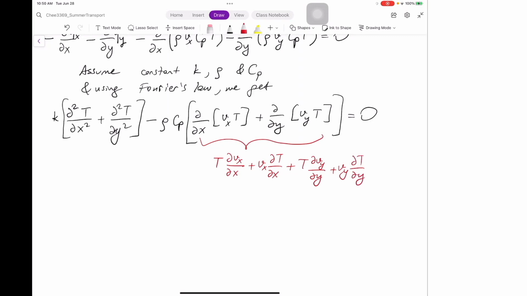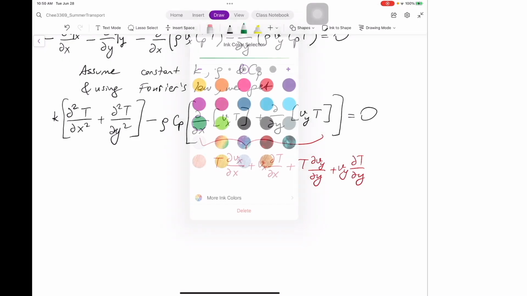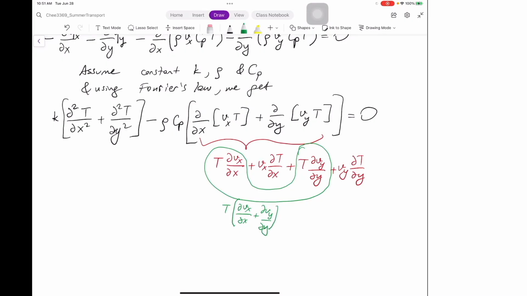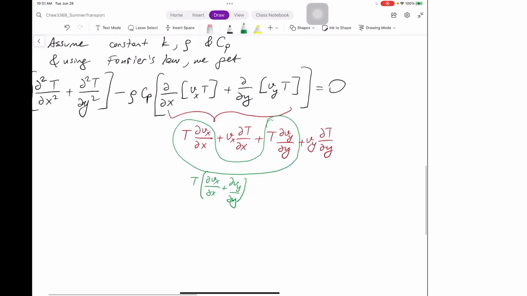But if you can appreciate this term, it is T times del Vx over del x plus del Vy over del y. And do we know what this is?